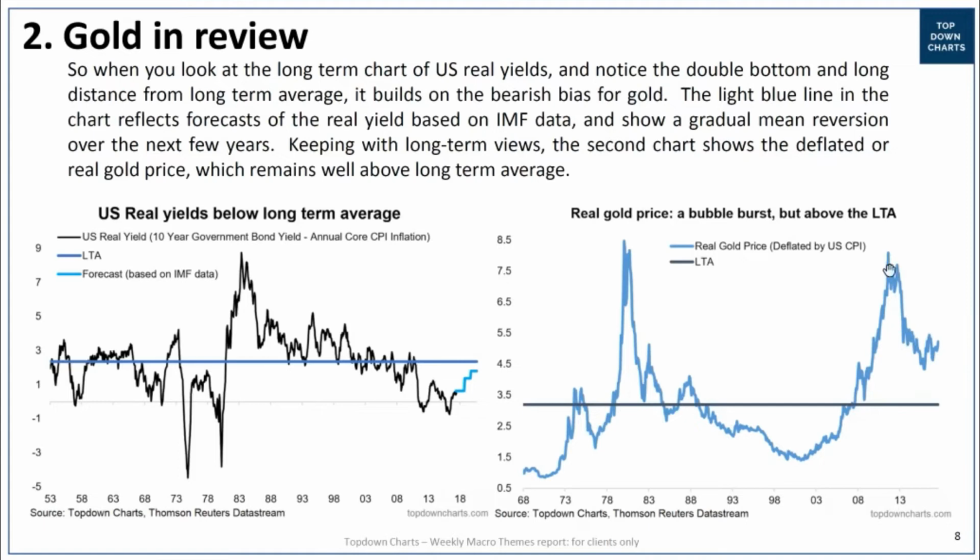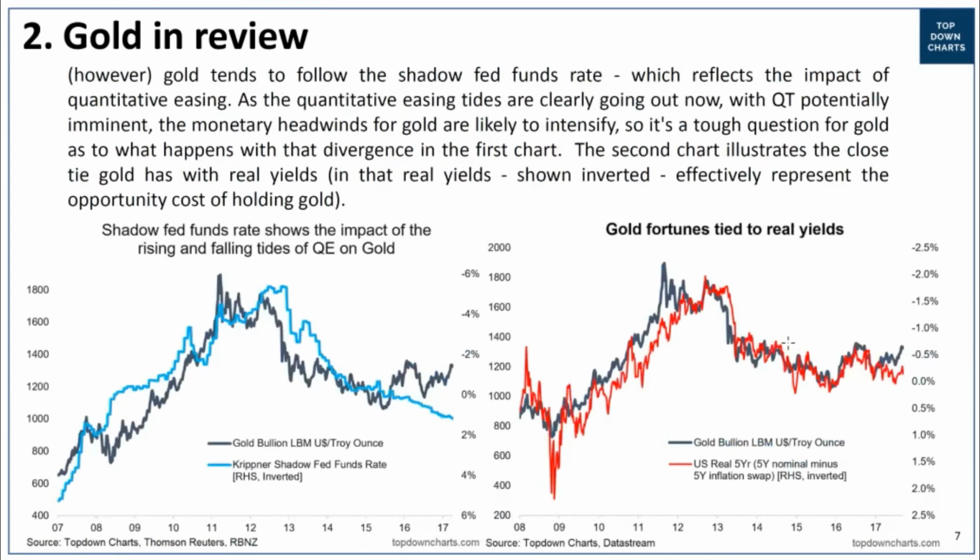Not as bad as the peak of the bubble, but still, you could call this a really loose proxy for valuation, and just as when stocks are overvalued versus history, it tends to temper any optimism that you might have, if not create a bit of bearishness. So that is pretty much the basis of my bearish medium to long-term view on gold.